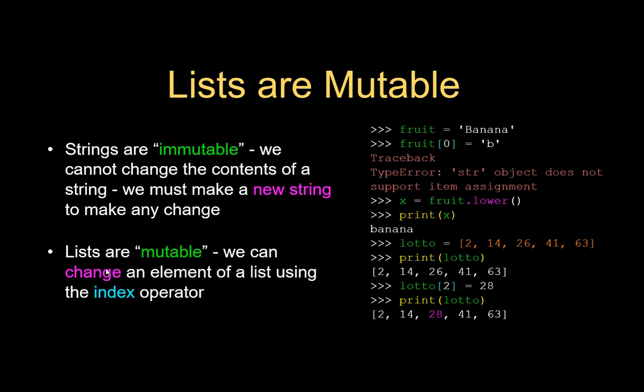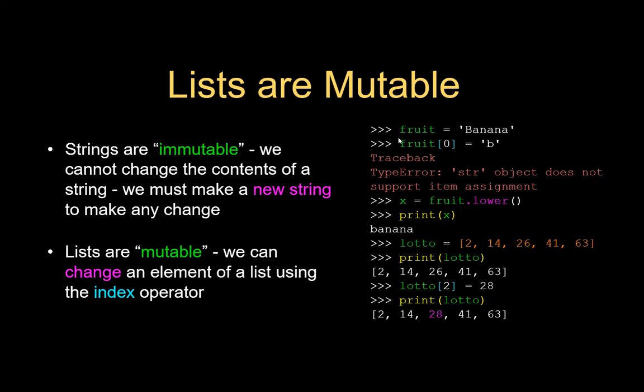In contrast to the list, strings are immutable, which means that we cannot change the content of the string, and we have to create a new string in order to make any changes. We cannot reuse the same string as is the case with our list here.